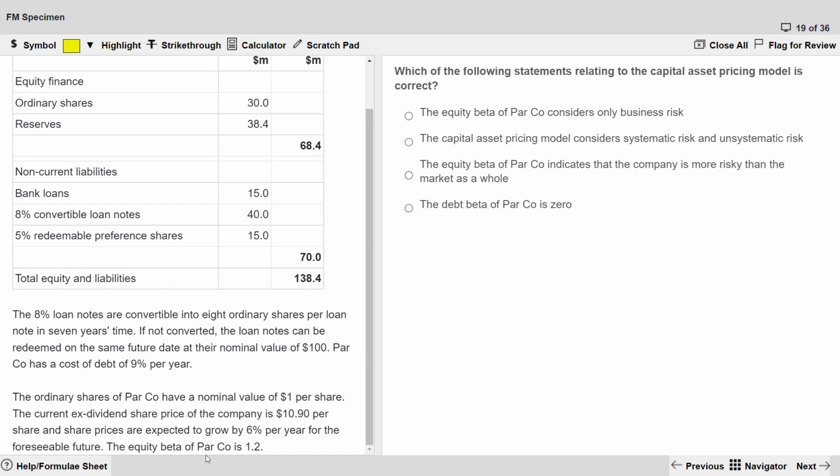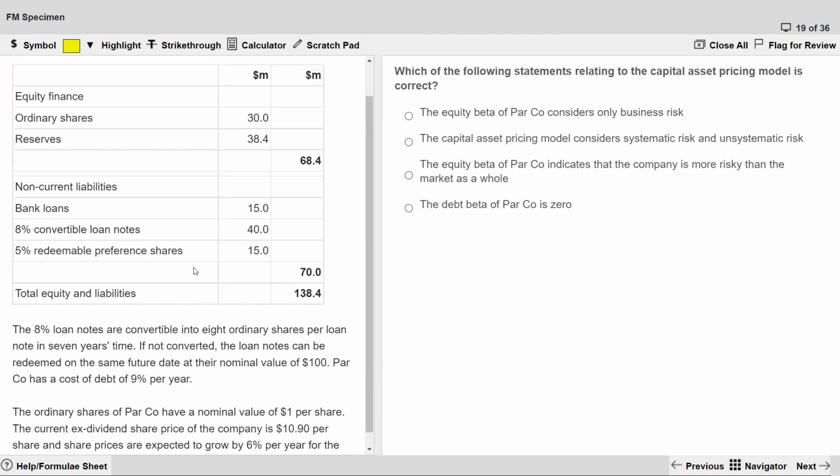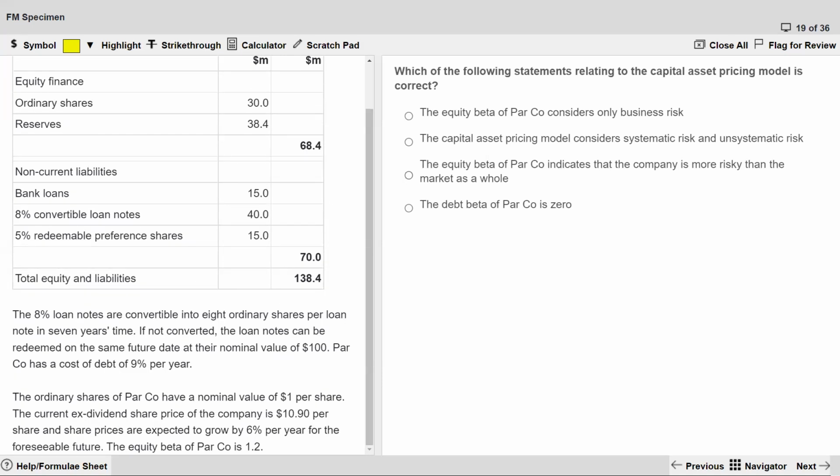The equity beta of 1.2. Whenever you've got an equity beta of more than 1, this is an indication that the company is risky.